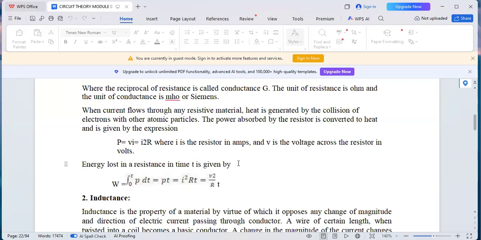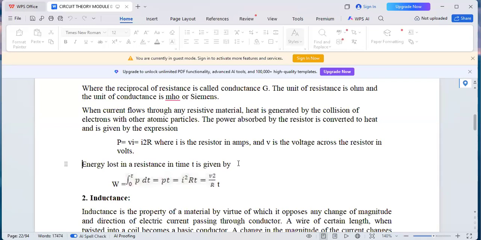Energy lost in the resistor in time is given by the expression. Oh, sorry, energy is W, so it's not power. Okay, it's energy or work done. Please don't associate this one to power. This is not power.